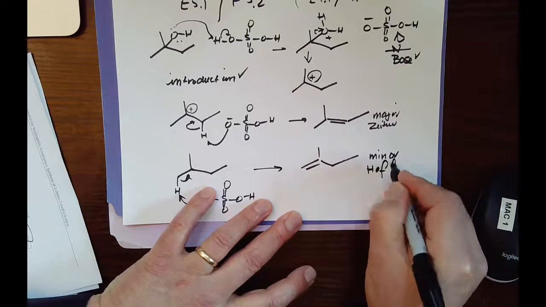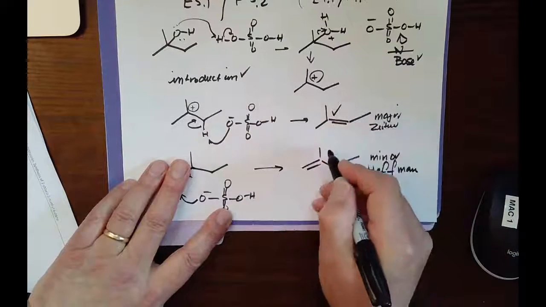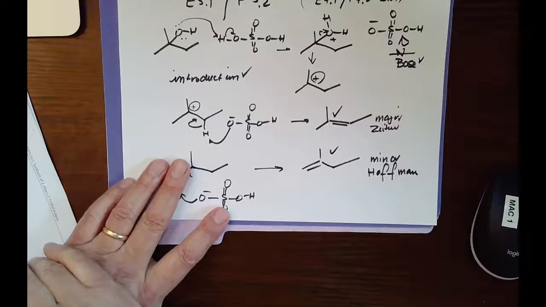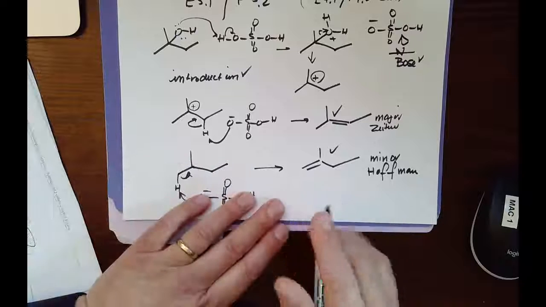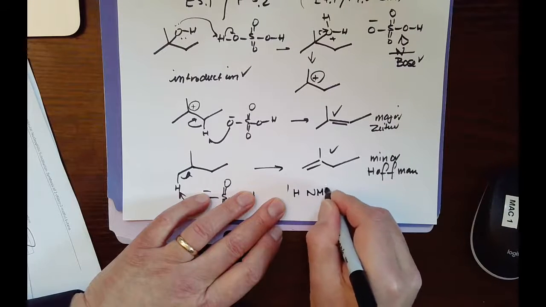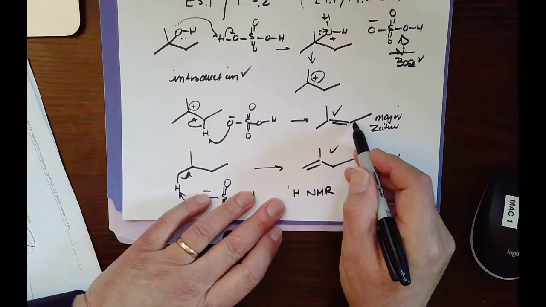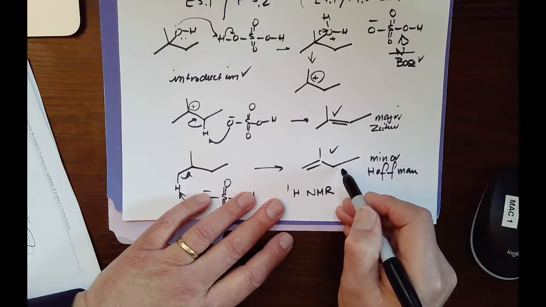Remember, this is a Hofmann product. So we have two products for this reaction, actually. If you listen closely to the YouTube tape, we can use the H NMR that we learned to see what percentage of this and what percentage of that we have. I did not put that on the lab report, but just take a look at it.